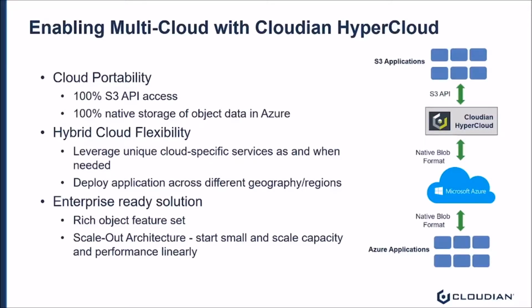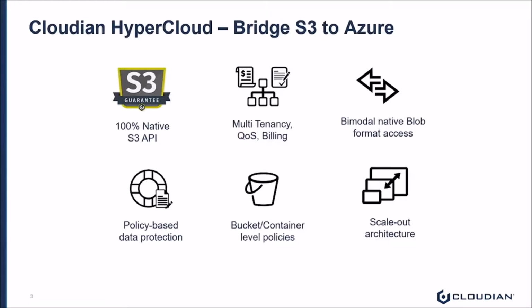HyperCloud is an enterprise-ready solution with a rich feature set and a scale-out architecture, which allows you to start small and, by adding nodes, scale both capacity and performance as you need it. HyperCloud acts as a bridge from S3 to Azure with a 100% native S3 API that is guaranteed to work with all S3 applications.